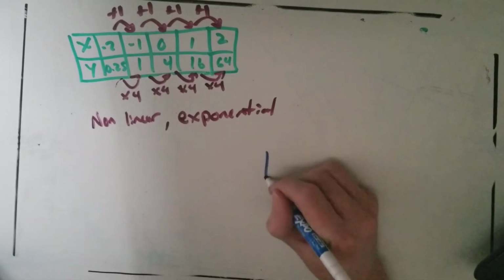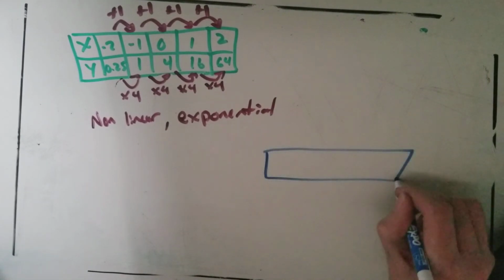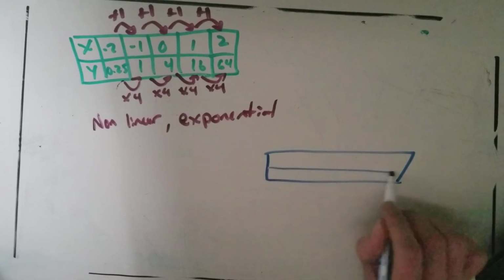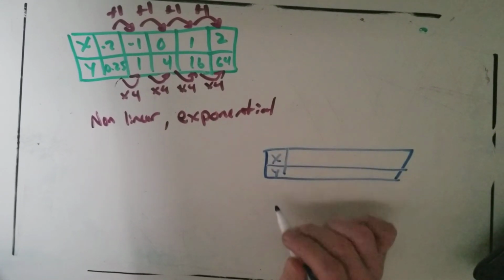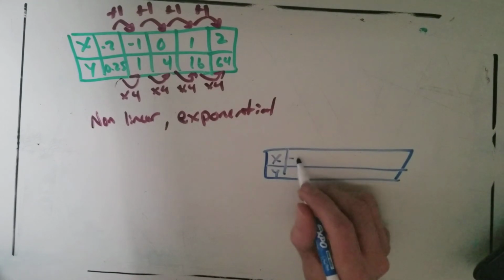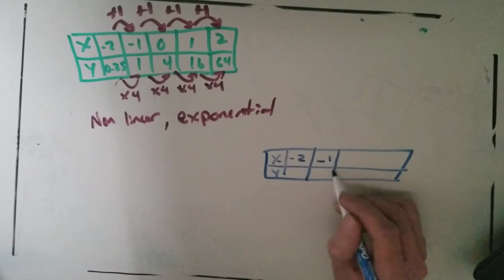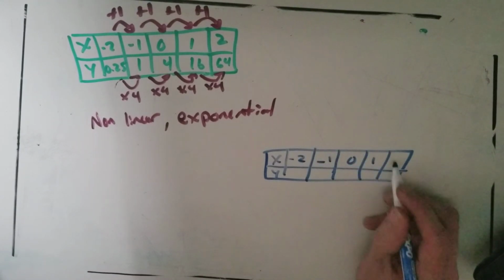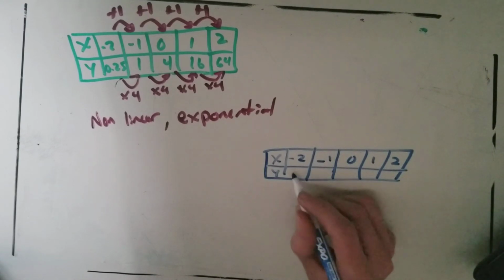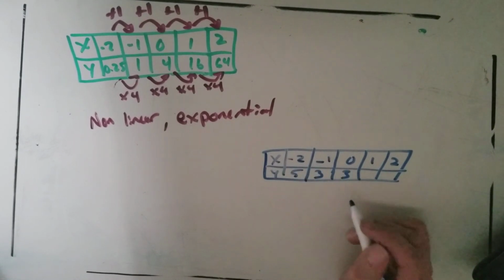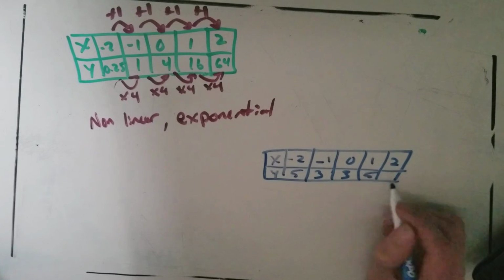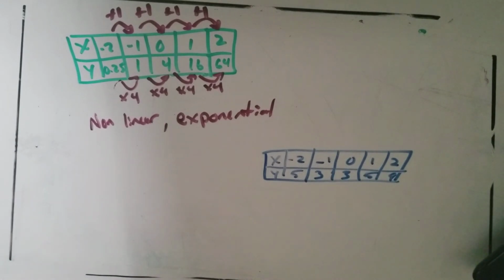Your second one, we'll go in blue. We have x and y again, and we go, same inputs. 0, 1, and 2. Our outputs are 5, 3, 3, 5, and 9.